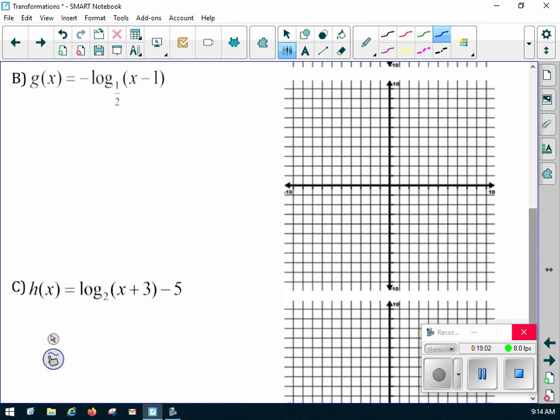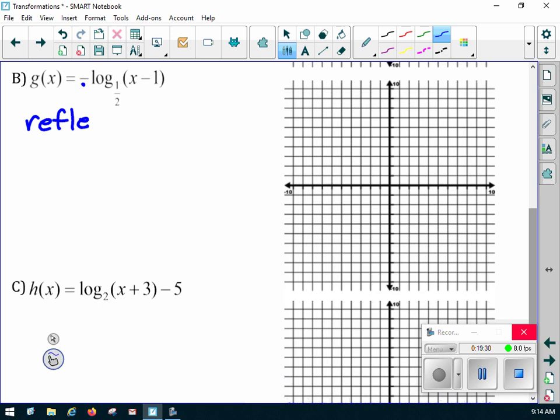What makes it look hard? The fact that it's a base of a half? Yeah, you got this. What are the transformations? A negative is a reflect.